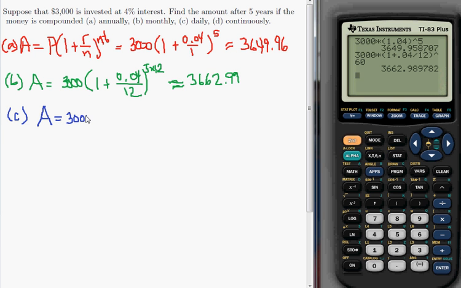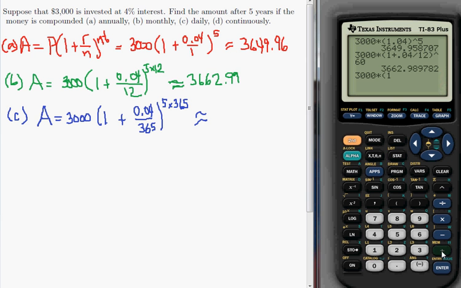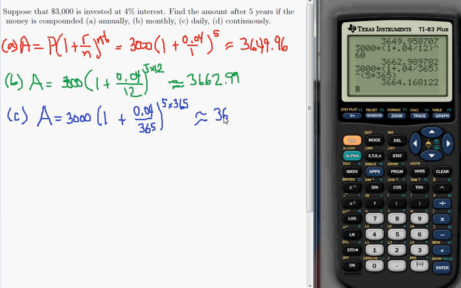So we'd have 3,000 times (1 plus 0.04 divided by 365), forgetting leap year, raised to the 5 times 365. And this works out to be $3,664.17.